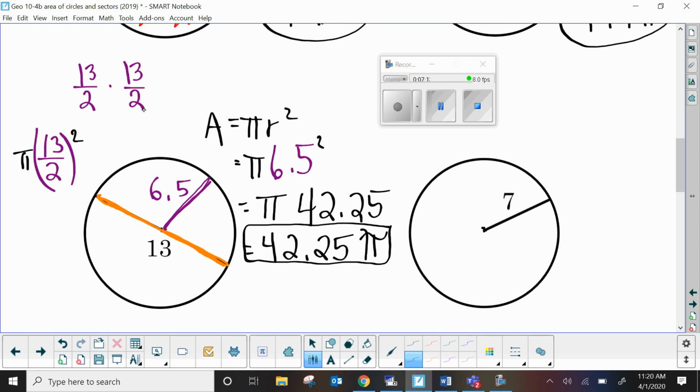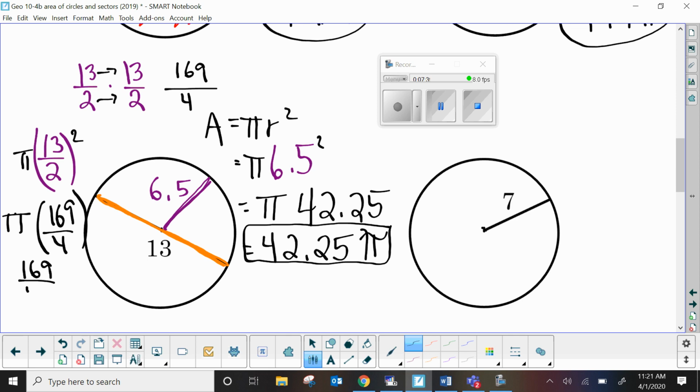When we multiply fractions, we just multiply straight across. 13 times 13 is 169, and 2 times 2 is 4. So this becomes pi times 169 over 4. I put that number in front of the pi, so 169 over 4 pi. That would be the area in fraction form. If you did 169 divided by 4 on a calculator, you will see you get 42.25.